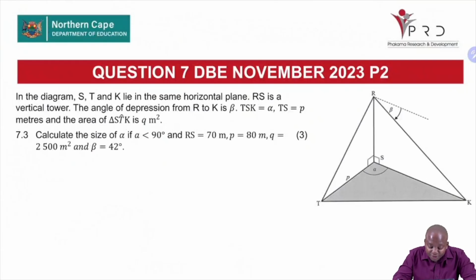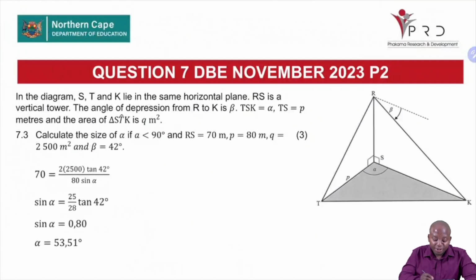Calculate the size of alpha if RS equals 70 meters, P is 80, Q is 2500, and beta is 42. We just use the RS that we found.